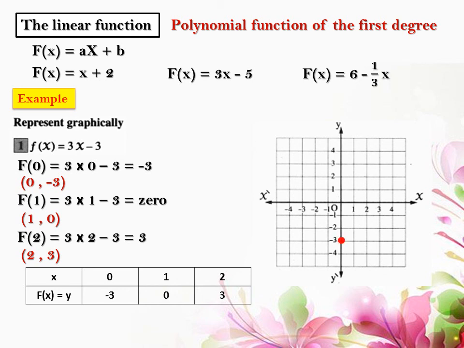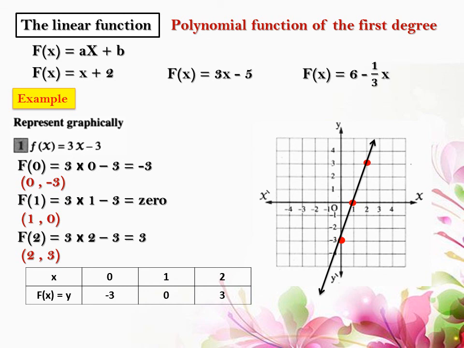The first ordered pair 0 and negative 3, the second 1 and 0, the third 2 and 3, and we will connect them by a straight line like this. This is the graphical representation of this function, this is a straight line.